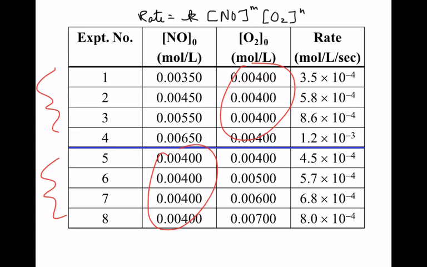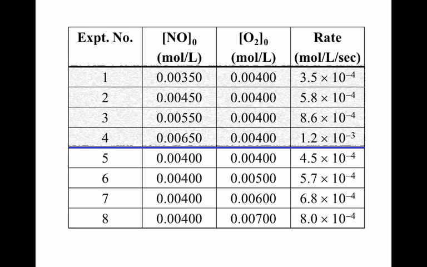So as I've written it there, can you see that in this first set, since we're varying NO, we're going to get M, the reaction order of NO, and here we're going to be able to knock out N, the reaction order of O2. So here we go. Let's see what those look like.